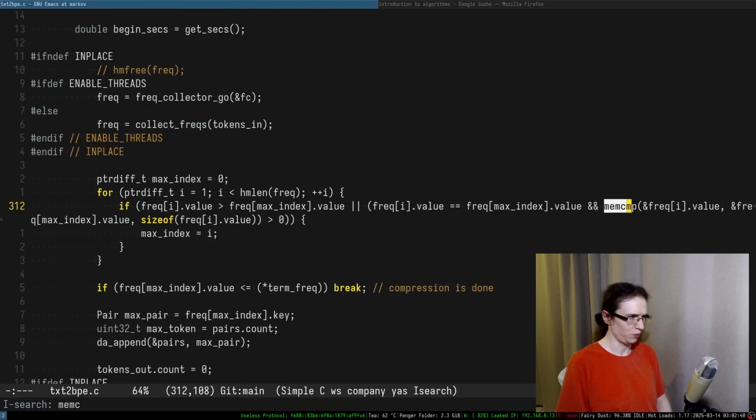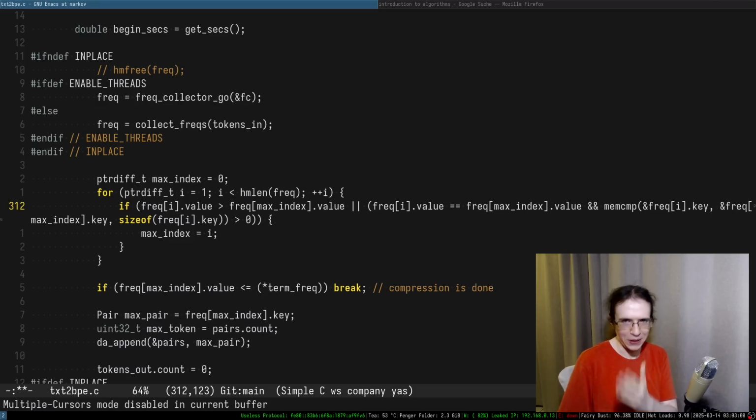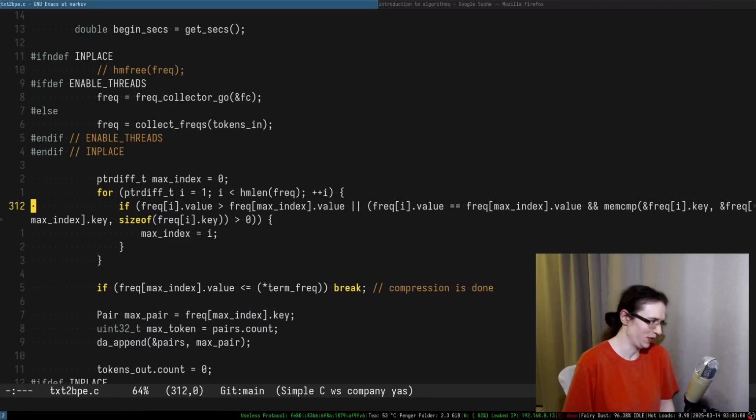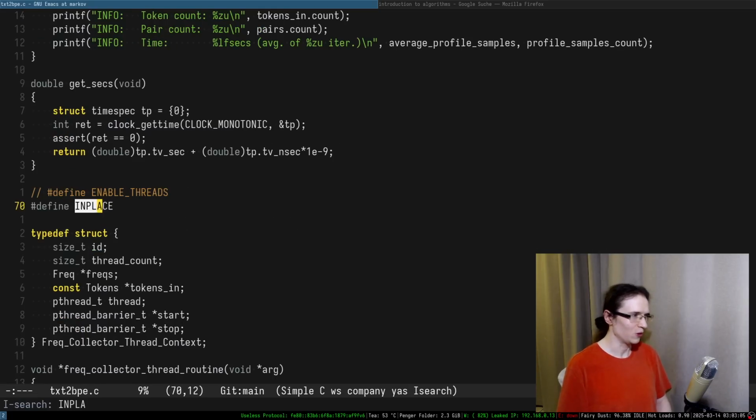So memcmp: if this thing is greater or the values are equal, and then the value, of course, damn it, keys. I even said that I want to compare keys, but I compared the values anyway. That's why the hashes in MT2 were the same. I should have taken it as a warning sign.